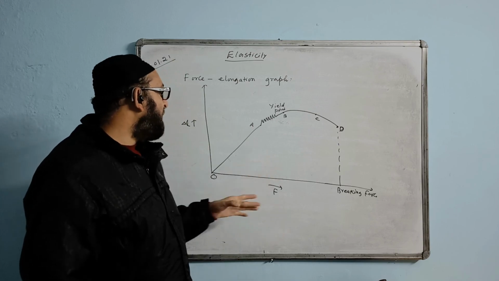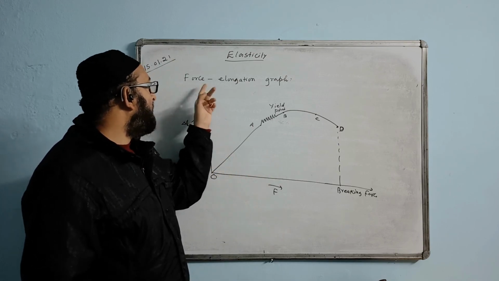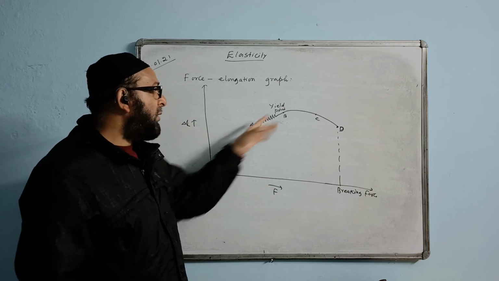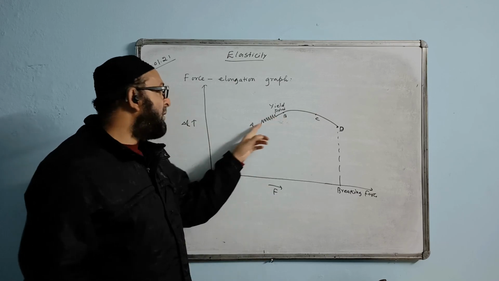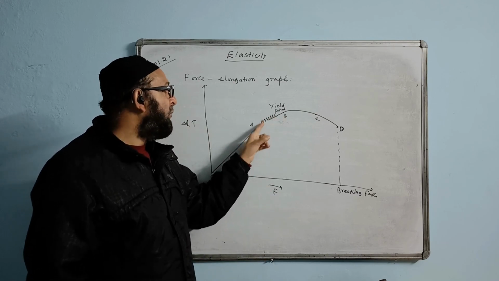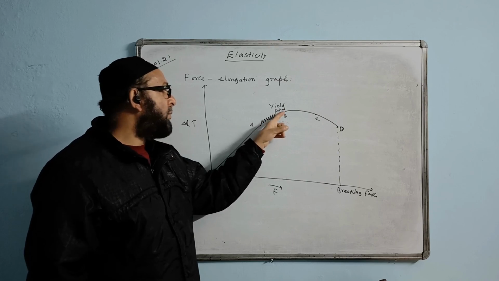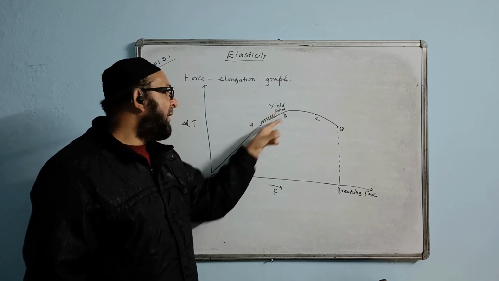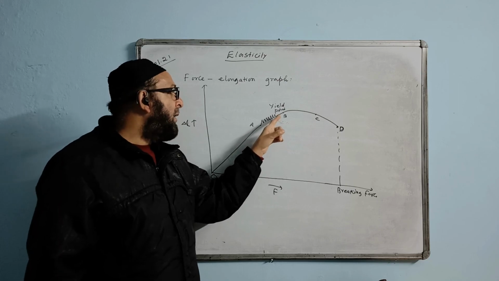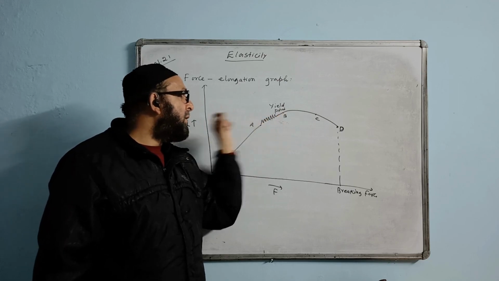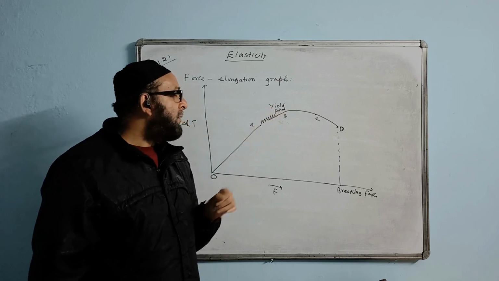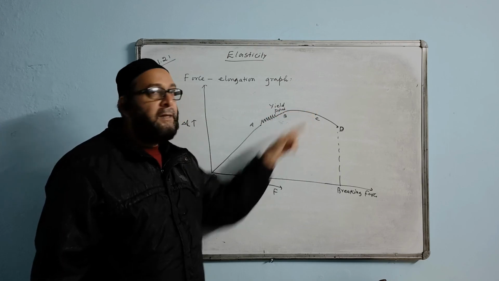So this is the kind of graph we get between force and elongation. OA represents the elastic limit. Beyond this, kinks form, and the point where the kink formation stops is called the yield point. Beyond that, the body becomes plastic.